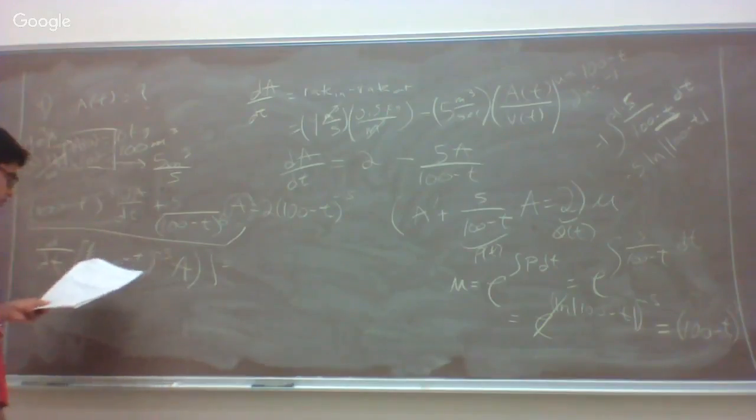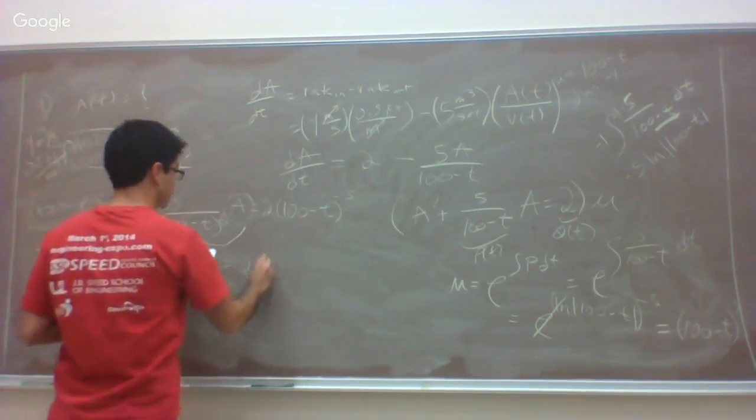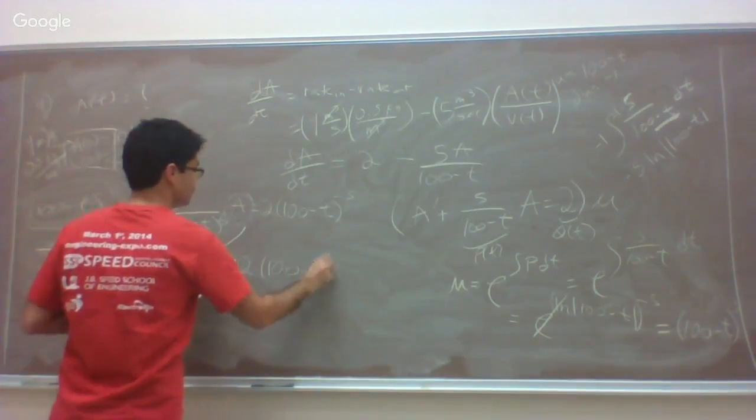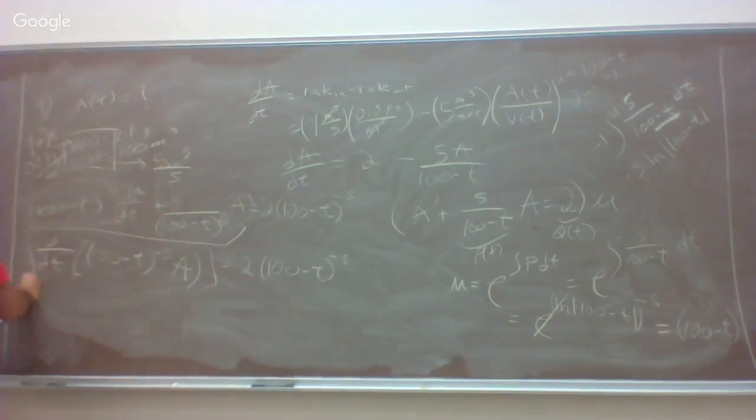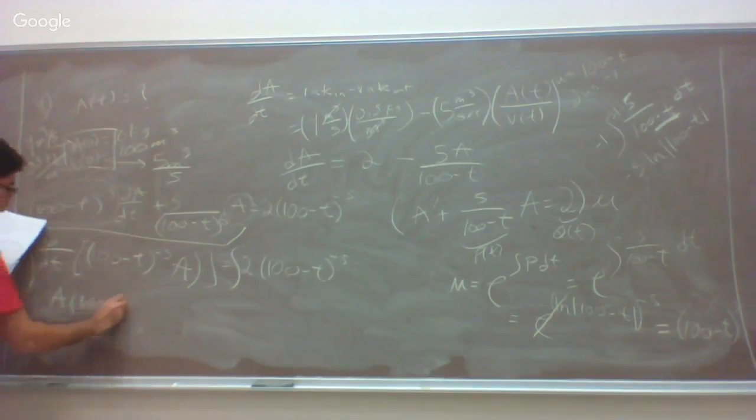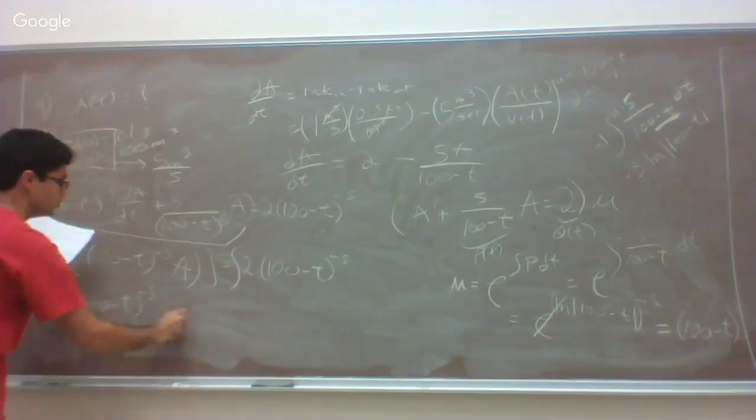So this is equal to 2 times 100 minus t to the negative 5. We take the integrals of both sides, so that on the left I have an integral of a derivative. That shouldn't matter. So I have A times 100 minus t to the negative 5.